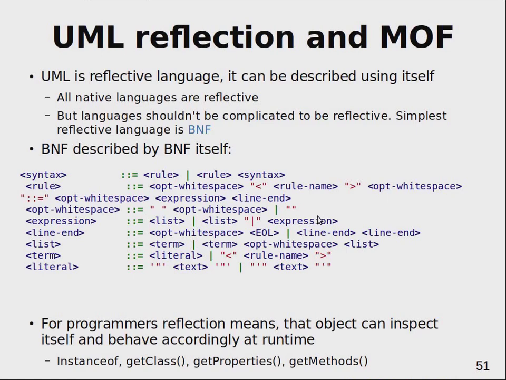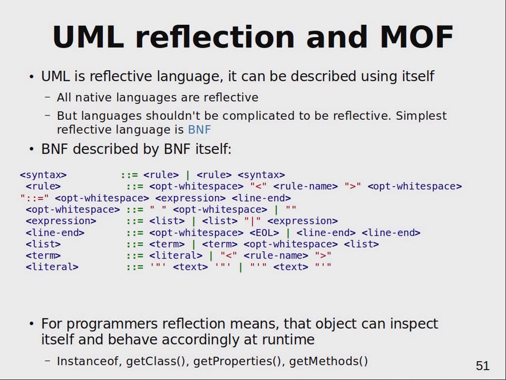And now a little bit about interesting things about UML. UML is a reflective language and a graphical language. What does it mean? Graphical language means that you draw pictures, but reflective means that you can use the language to describe itself.